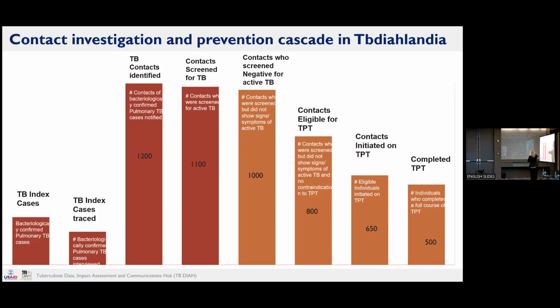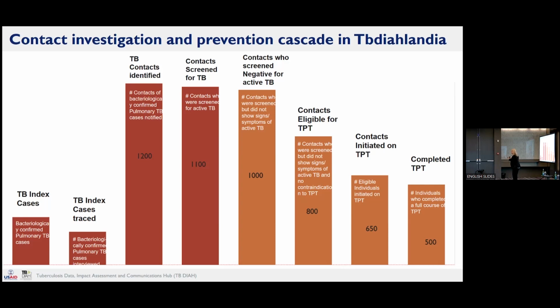Here in this cascade, we had 200 bacteriologically confirmed cases, but only 180 index cases had contacts investigated, which means that not all of them had contacts traced.